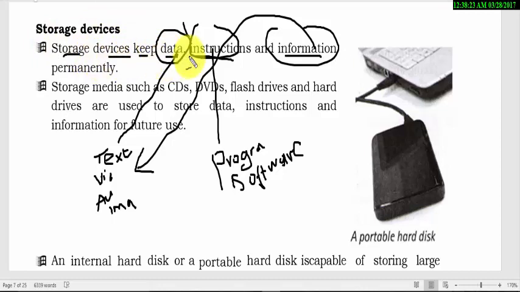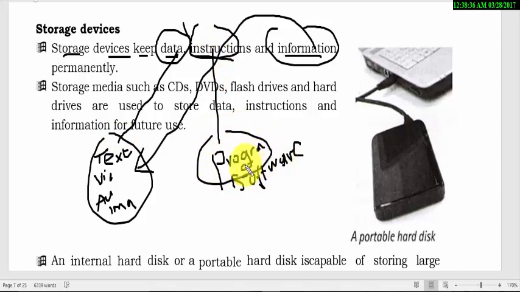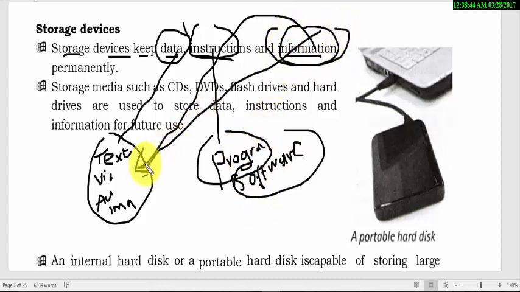Now what do we keep? We keep data, instructions, and information. Data means the four types we discussed. Instructions are a program. The other word for program is software. A software gives instruction to the computer on what is to be done. Then we have information, which goes back to text there.